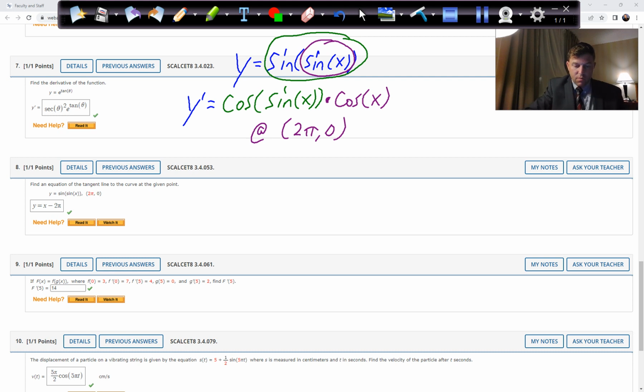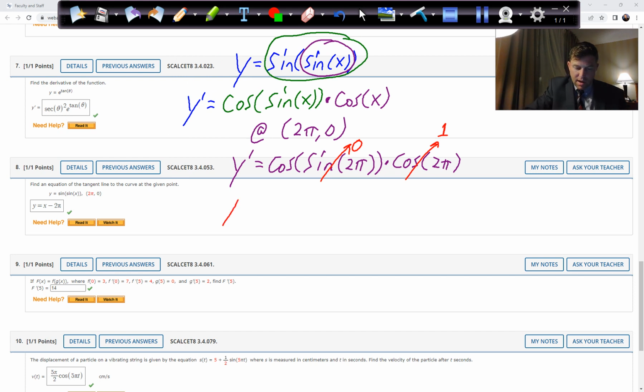So we're going to find y prime when x is 2 pi and y is 0. So we're going to get cosine of sine of 2 pi times cosine of 2 pi. Well, sine of 2 pi is 0, and cosine of 2 pi is 1.